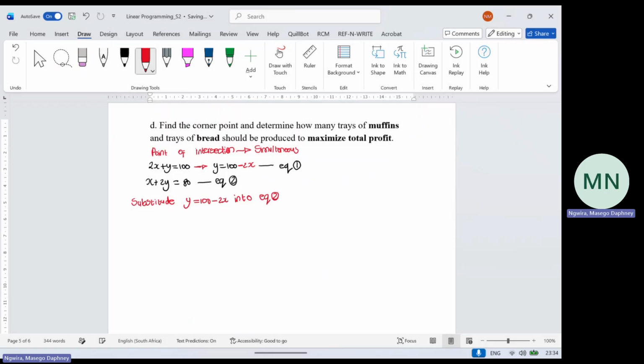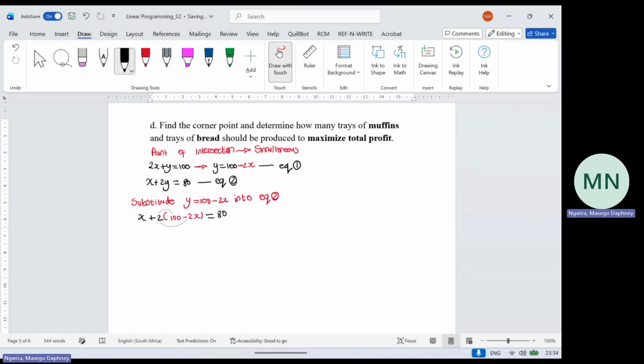I'm saying that wherever you see y, put 100 minus 2x into equation 2 here. And then now we move. So I am going to have x plus 2. Wherever I see y, I use bracket. It's going to be bracket 100 minus 2x. That's it. And then now I distribute the 2, equals 80.